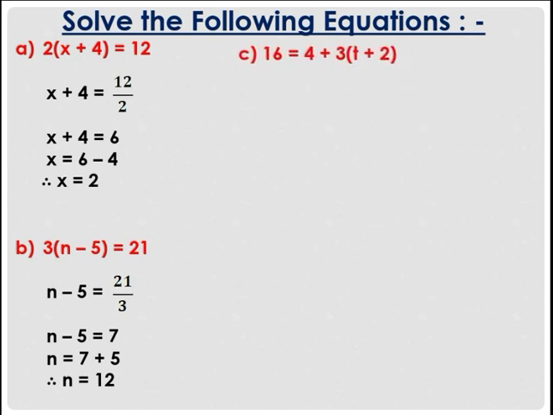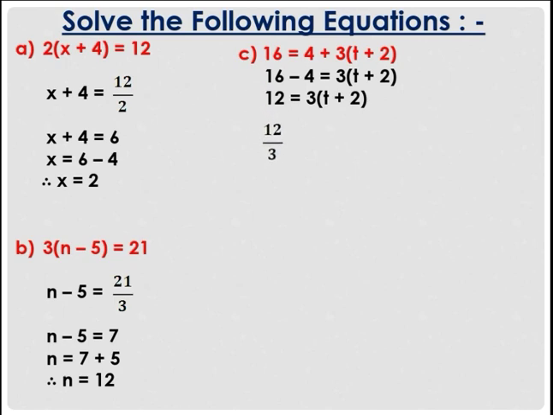16 is equal to 4 plus 3 into bracket t plus 2. So 16 minus 4 is equal to 3 into bracket t plus 2. 16 minus 4, it's 12, is equal to 3 into bracket t plus 2. Now we shifted 3 from right hand side to left hand side, it becomes the division form.